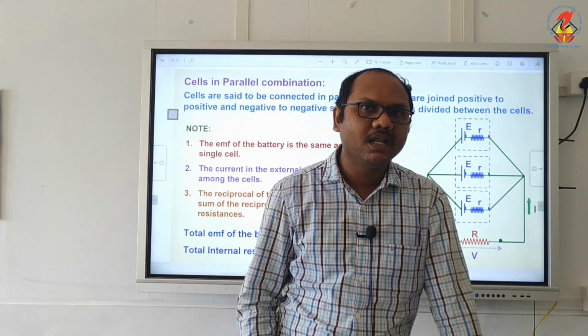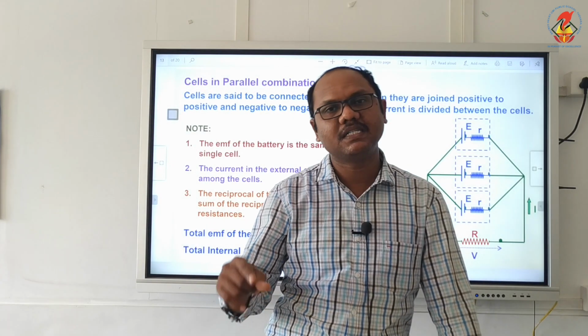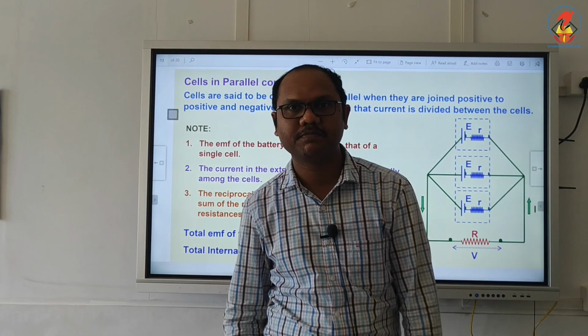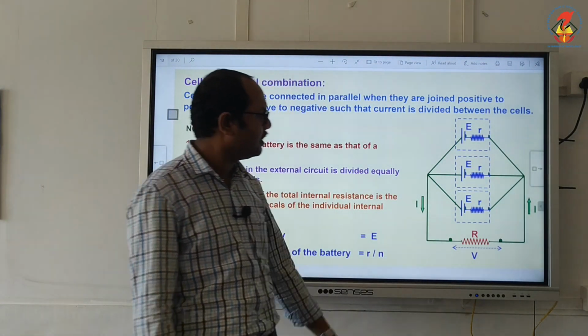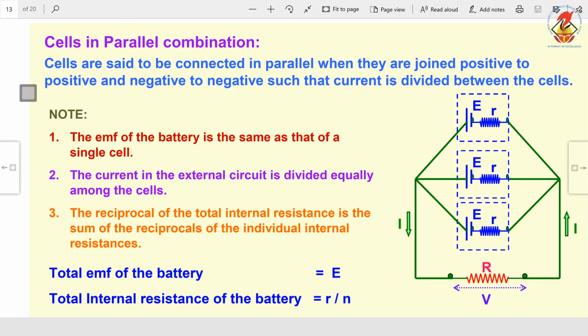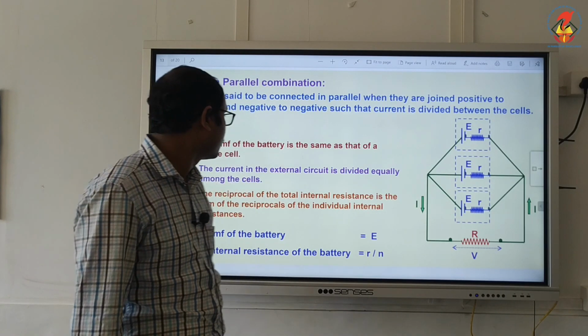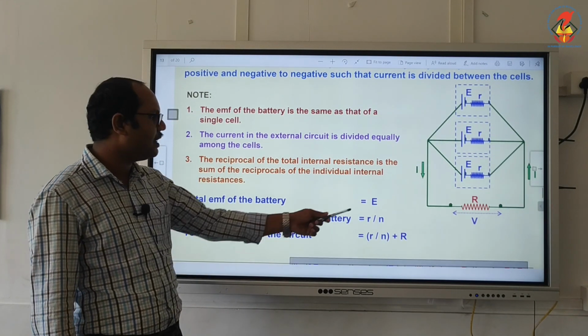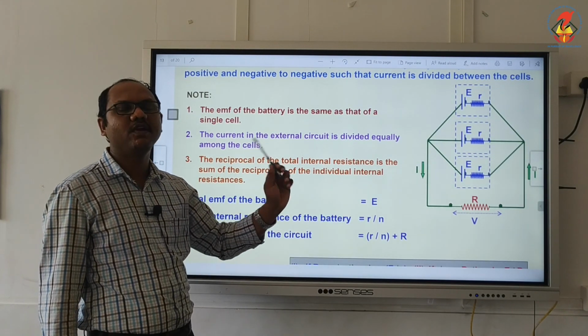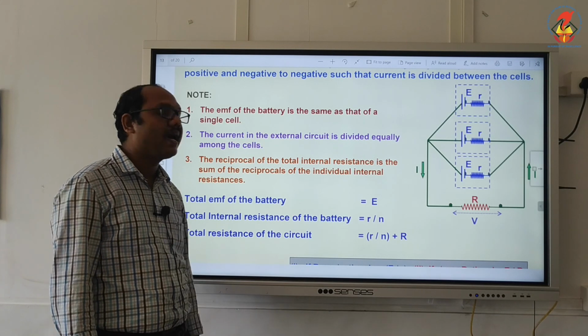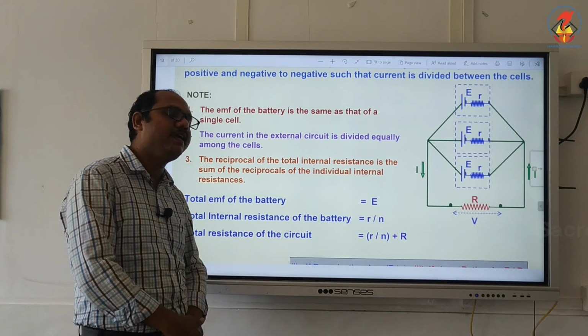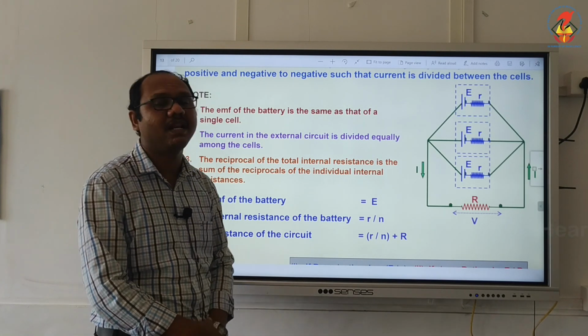So, in parallel, the current will get added up, whereas the EMF will not get added up. So, consider there are n number of cells, each having EMF E and internal resistance r. So, the total EMF will be E itself, EMF will not get added up. In the last video we studied when resistors are in parallel.